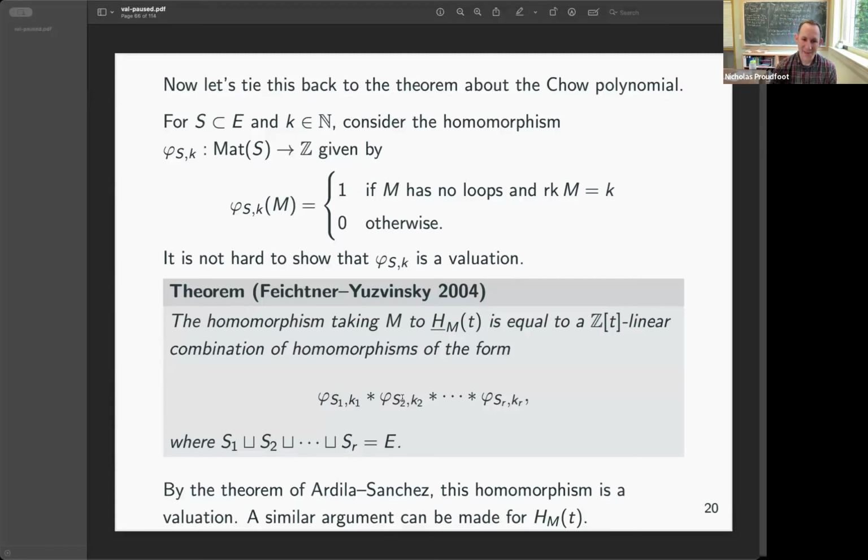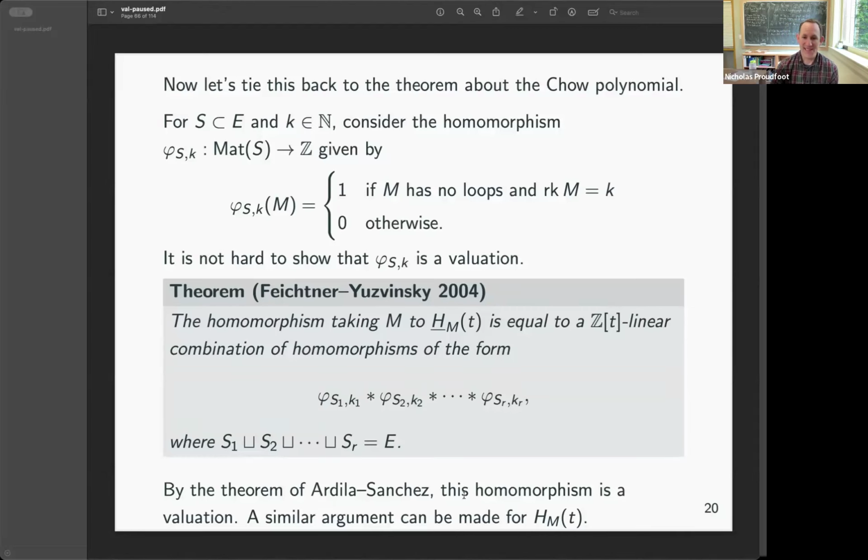And when I convolve these things together, I get a homomorphism that basically asks me if S1, S1 union S2, S1 union S2 union S3, and so on, is a chain of flats of these particular ranks. So for every chain of flats, I get a 1, and then I take some Z[t] linear combination depending on the ranks, and that's going to give me the Poincare polynomial.